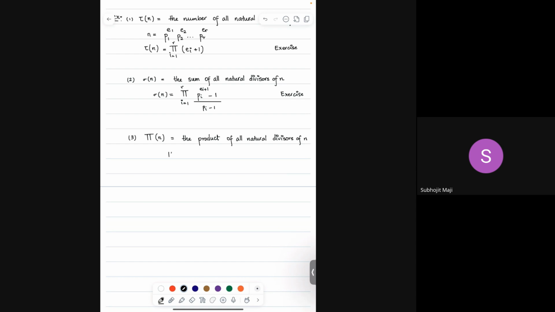So pi of n is, in fact, n to the power tau n divided by 2. So it's the square root of n to the power of tau n. And I will leave this bit also as an exercise if what I'm saying is a little boring for you.